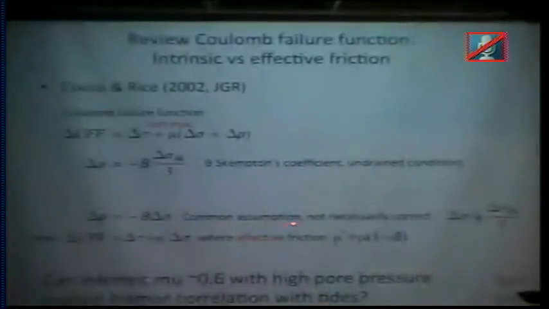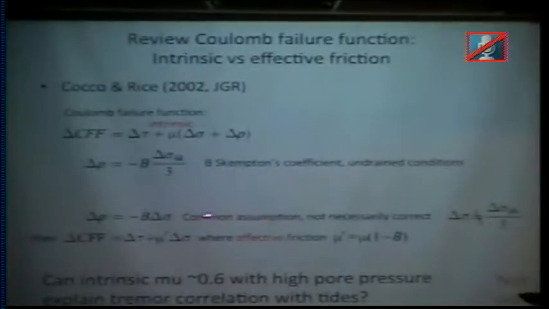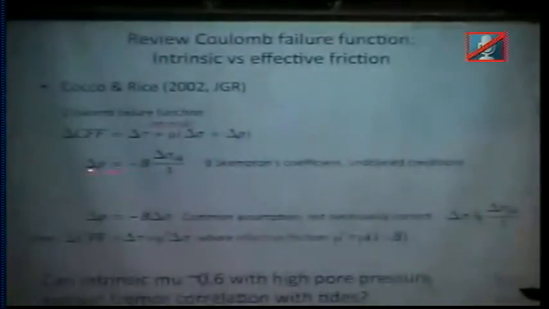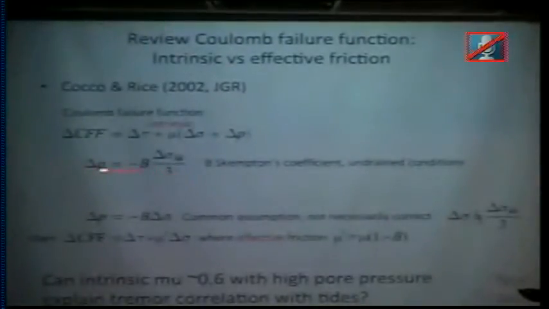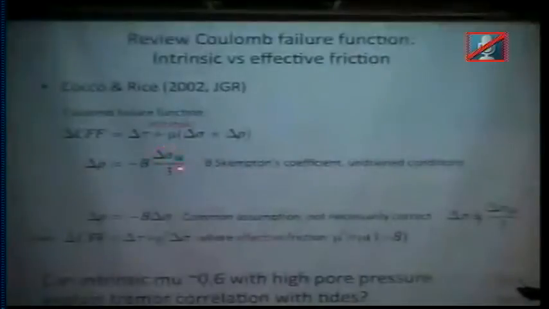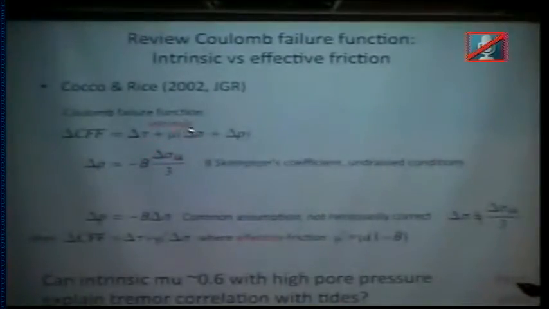Okay, so if this assumption is more appropriate for our situation, then we're only going to be able to get an effective friction. If this assumption is better for the situation, I'll call this model 1 and I'll end up calling this model 2, we'll be able to back out intrinsic friction because this mean stress is distinct from this normal stress.